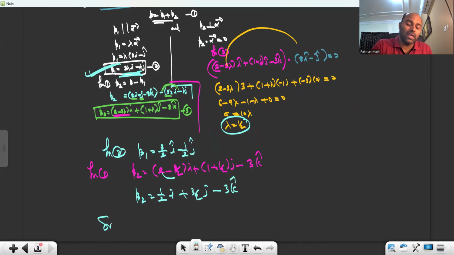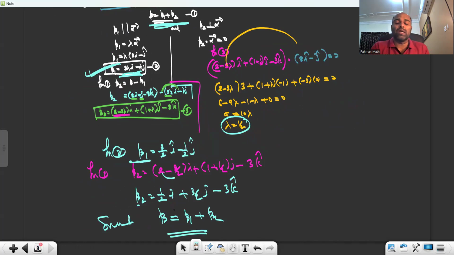This is beta 2. Such that beta equal to beta 1 plus beta 2, this you just write, don't forget. If you add these, you will get beta such that beta equal to beta 1 plus beta 2.